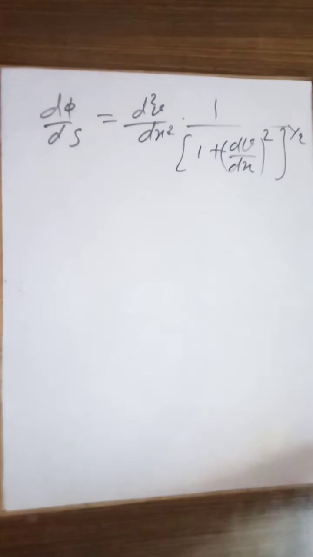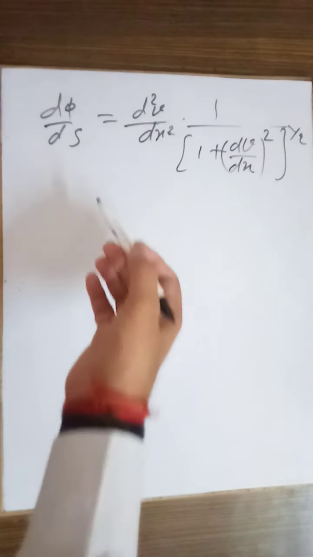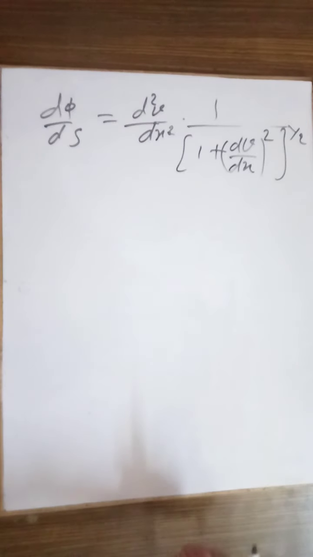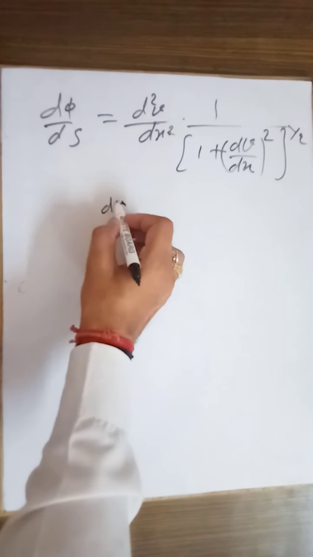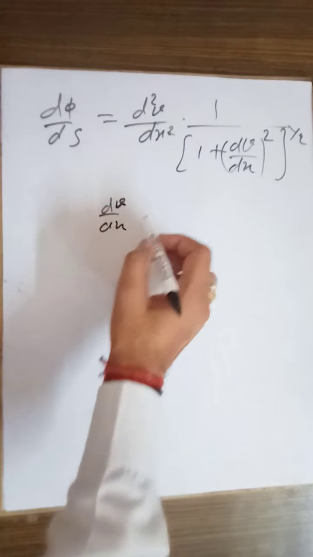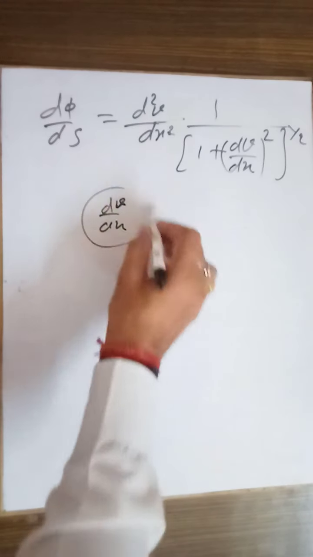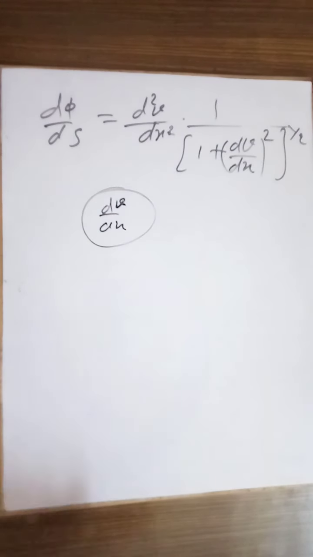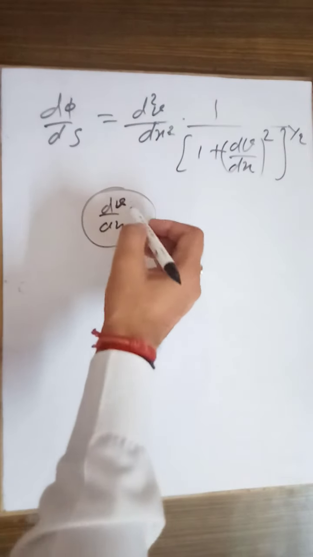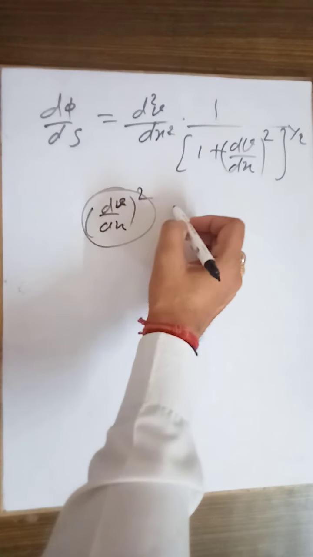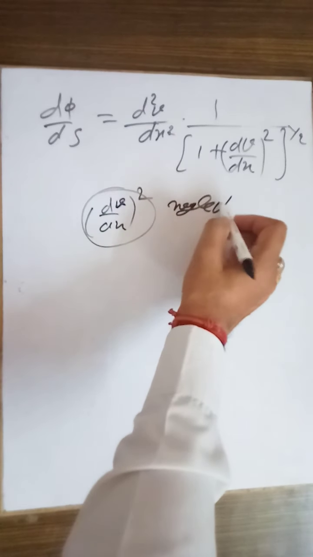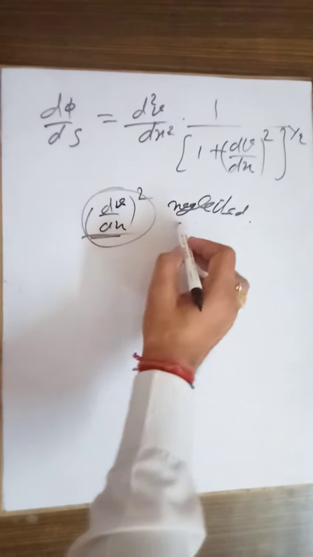And now, by this equation, when the slope angle phi is very small, therefore dv by dx is also small. So this term will also be small. If this term is small, the square of that term we can neglect. So this term can be neglected.